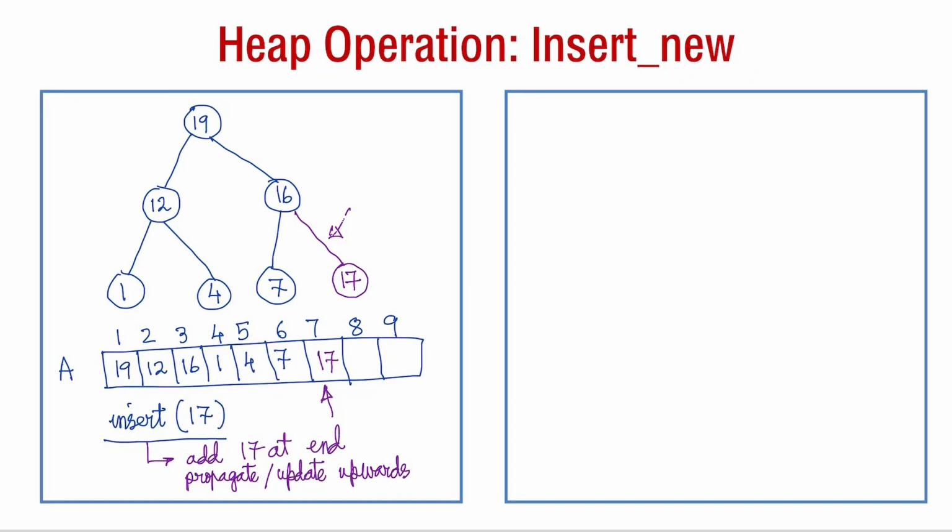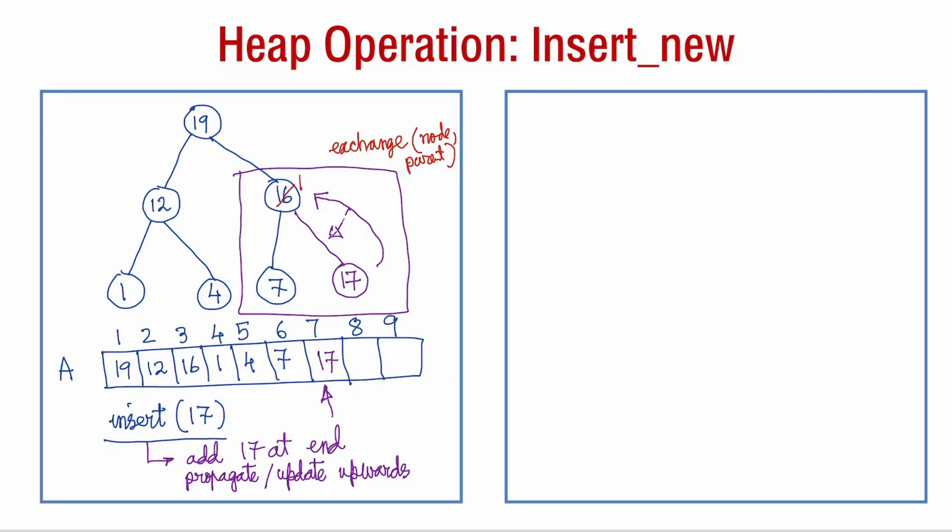So how will it do an update upwards? It will now look at the parent and compare, and check whether this satisfies the heap property. And here you notice that since the parent does not satisfy the heap property, it will exchange the node and parent.